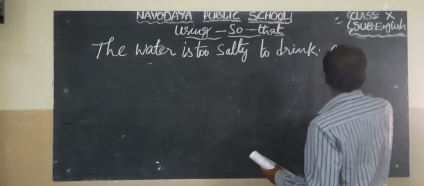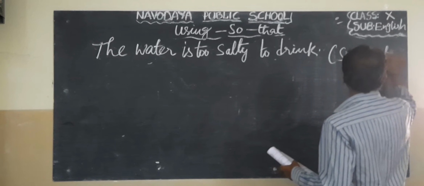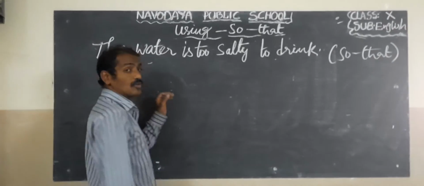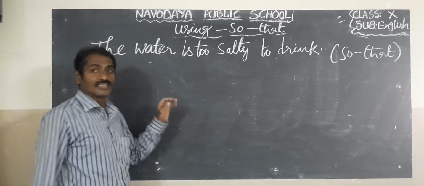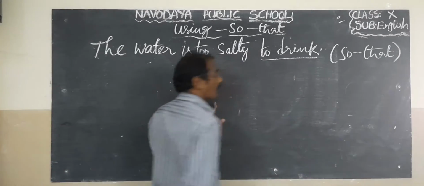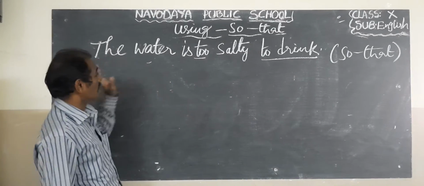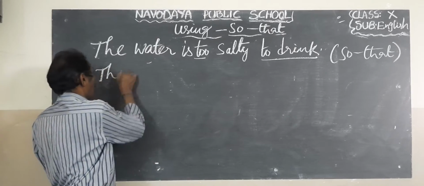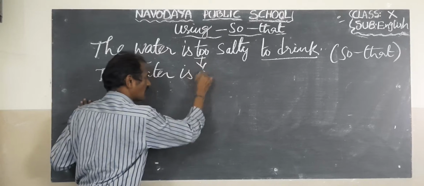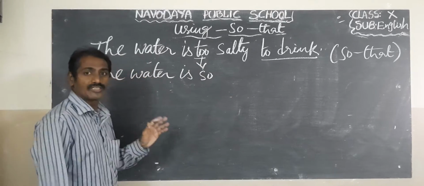So here is "so that". The water is too salty. The water is too salty to drink. So using "so that", the water is too, which means so salty.